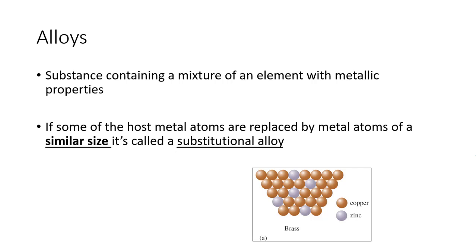In order to make brass and have the properties of brass as opposed to just copper or zinc, you mix some of those zincs in and replace some of those coppers. What's really neat about alloys is you can get a substance with a very different set of properties, whether it be melting point or conductivity, but you did that simply by substituting one metal with another metal of a similar size.